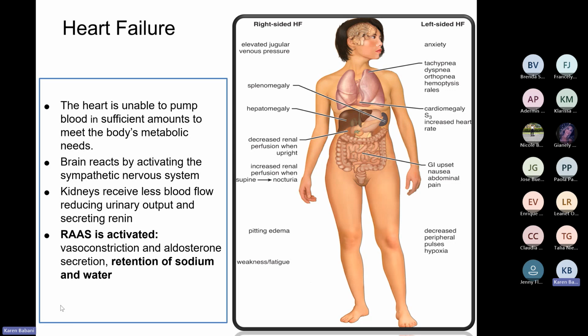I have mentioned before that the brain is one of those organs that very quickly reacts to those changes. When there is a lack of perfusion, when there is a lack of oxygenation, the body is very sensitive. It will immediately react and activate your sympathetic nervous system.